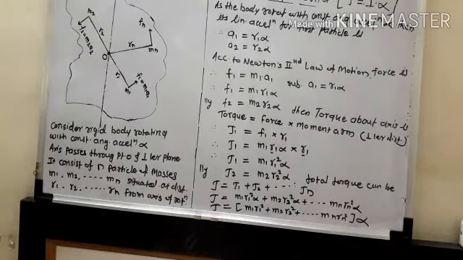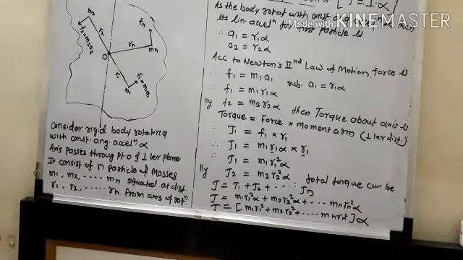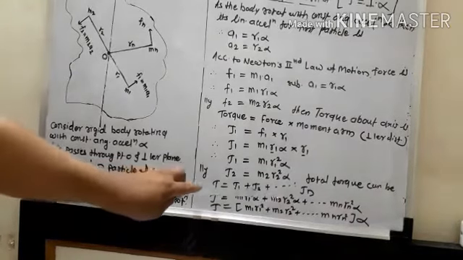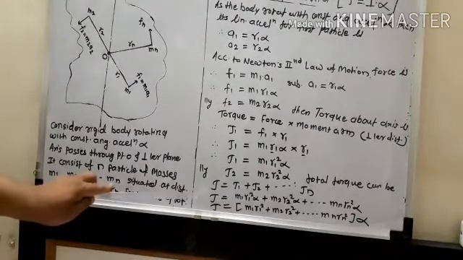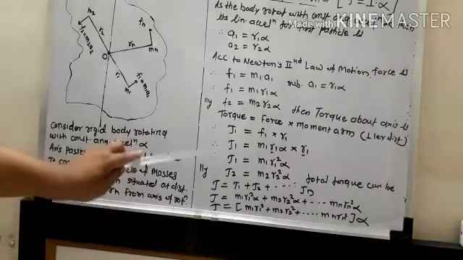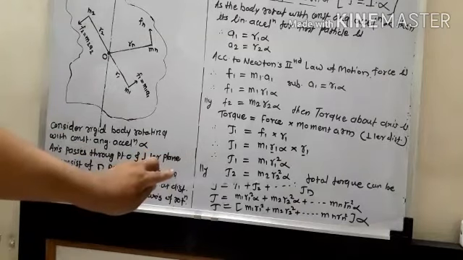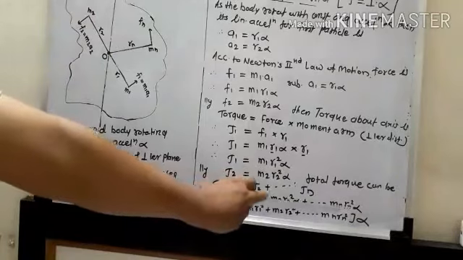From this relation, we can write the total torque acting on that rigid body, which can be rotated about its axis. This total torque is given by τ is equal to τ1 plus τ2 plus and so on up to τn. Substituting all these values, τ1 is equal to m1 R1 square alpha, τ2 is equal to m2 R2 square alpha, and τn is equal to mn Rn square alpha.